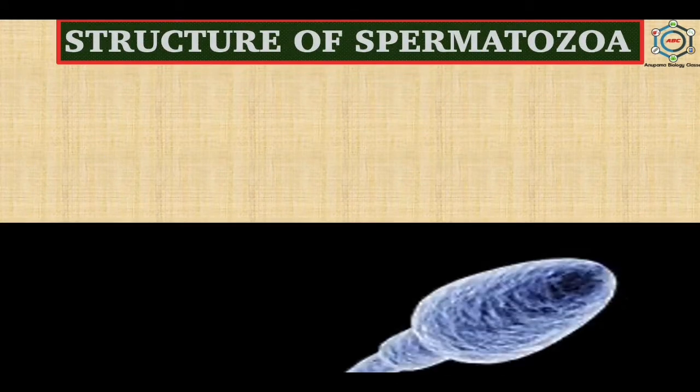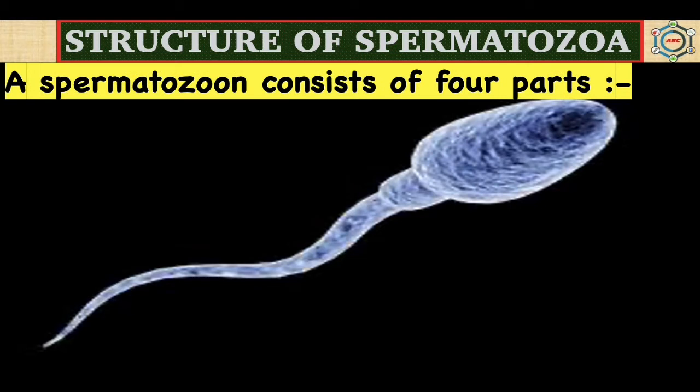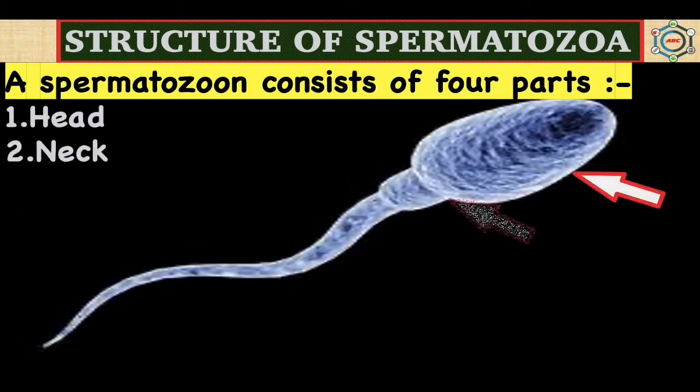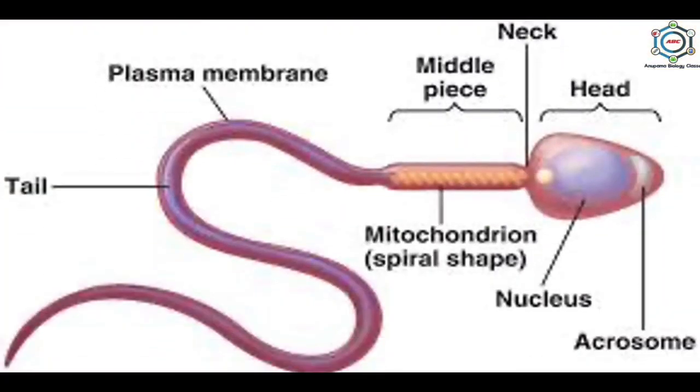Now, the structure of spermatozoa. Here is the structure of a complete spermatozoon, which has four parts. First is the head, second is the neck, third is the middle piece, and the last is the tail. In this picture, this is the complete structure of a sperm.